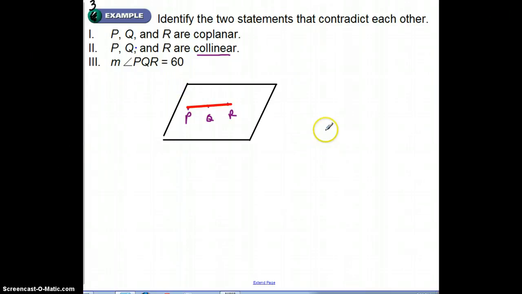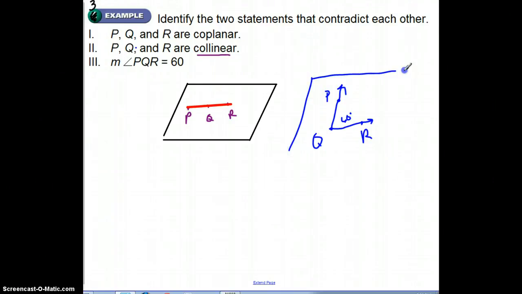But let's take a look at 3. On 3 it says angle PQR is 60 degrees. So if we can imagine right here that I have this angle that's 60 degrees, and I have P, Q, and R on it. No problem. I can see that. I can even see drawing some kind of a plane and having that on there. That would certainly work.